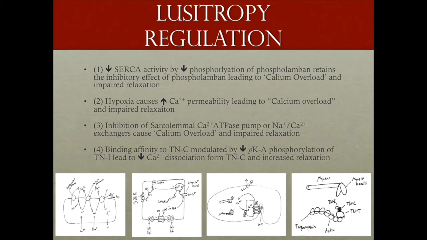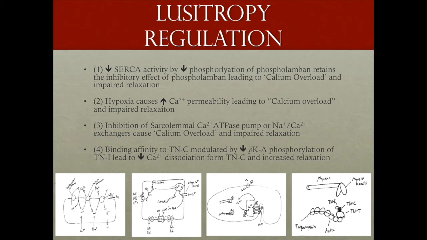which will retain its inhibitory effect, leading to calcium overload intracellularly and impaired relaxation. Number 2, hypoxia causes increased calcium permeability, leading to increased calcium influx and calcium overload and impaired relaxation. Number 3, inhibition of sarcolemmal calcium ATPase pumps or sodium-calcium exchangers, causing calcium overload and impaired relaxation.